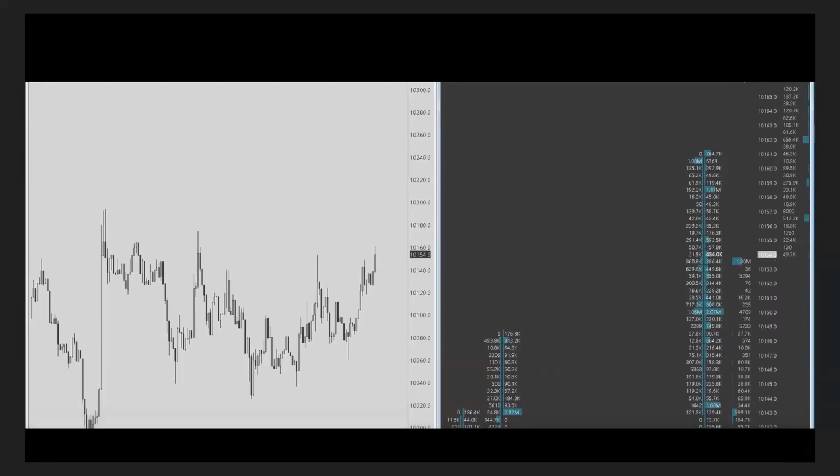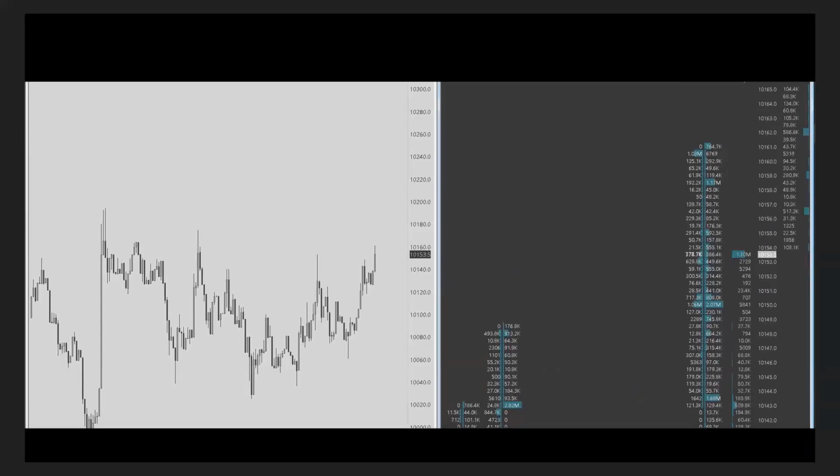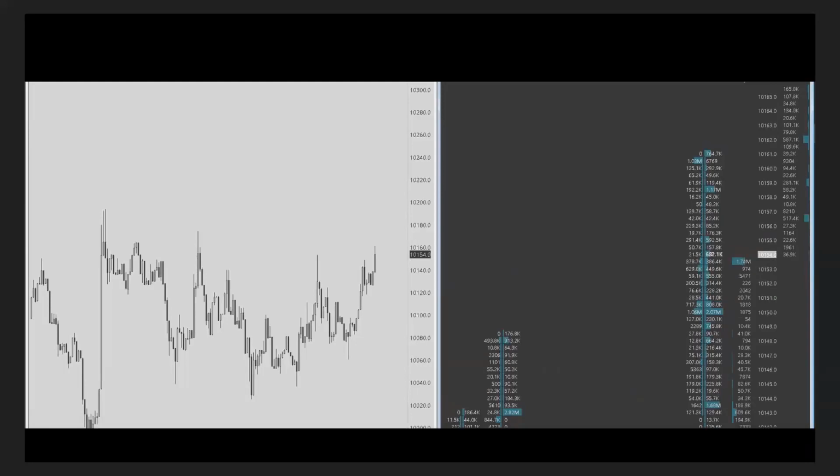And within each of these candles, I know I've gone over this before, but I'll just quickly explain again. On the right hand side, you've got a record of market buys, and on the left, market sells. So you can see exactly how much was traded on both the bid and ask at each price during a specific time interval.